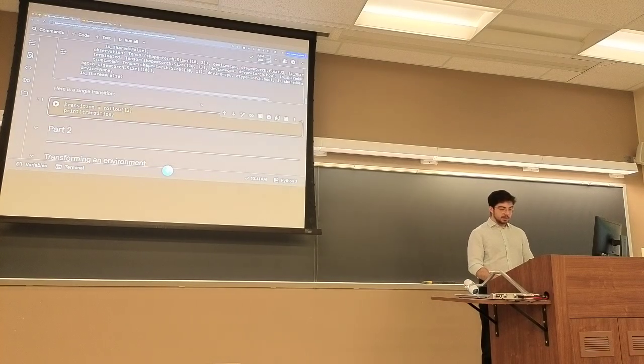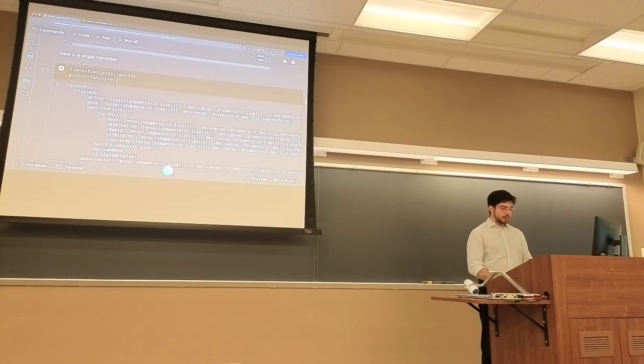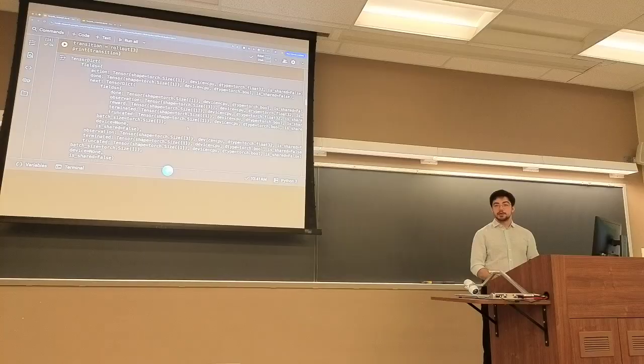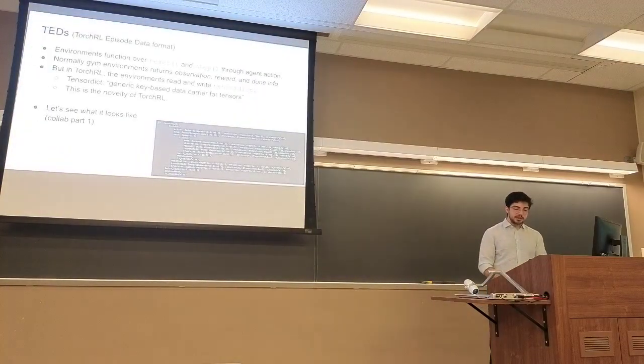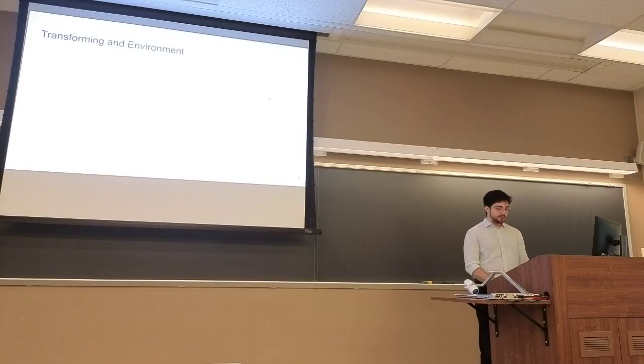What's really good about it is you can pull out a specific step, let's say the third time step, and see what action was being taken. Everything is written super clearly. This is why TED, or the TorchRL episode data format, is really useful.